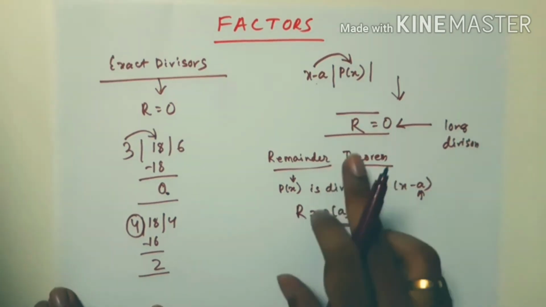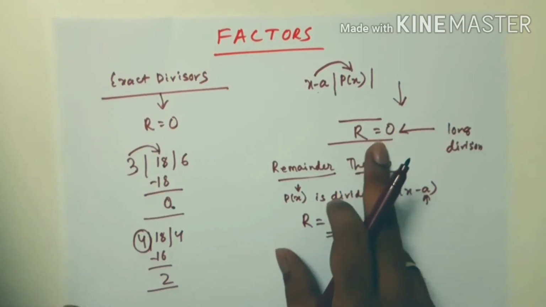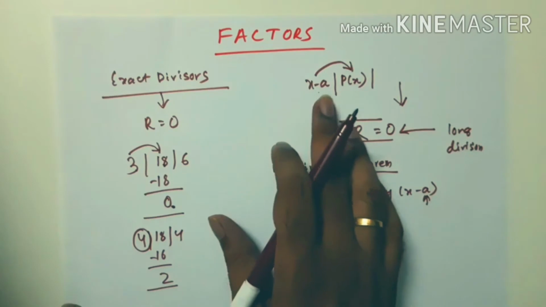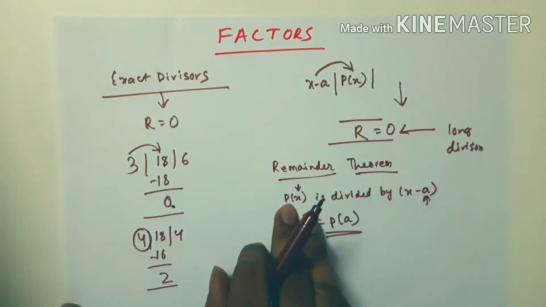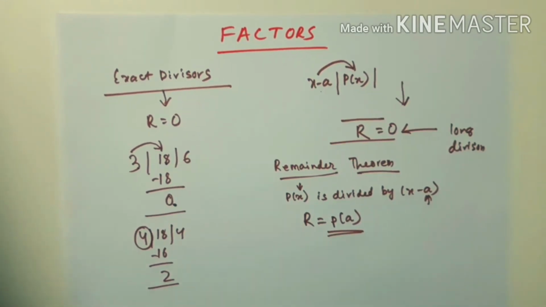And if we know the remainder, then we can say whether it is a factor or not. In this way we can find out whether x minus a is a factor of the polynomial or not.